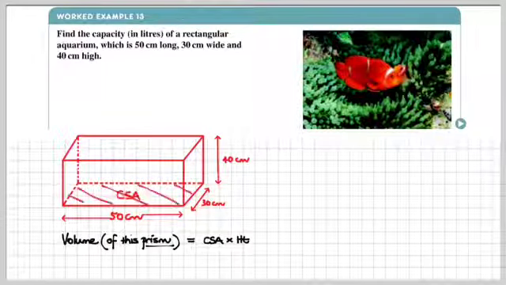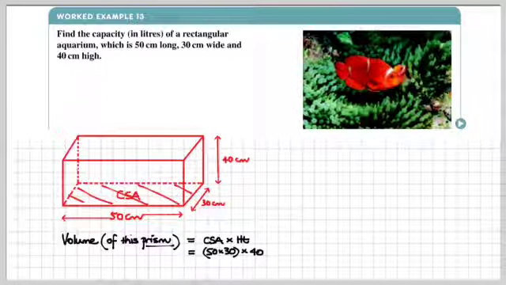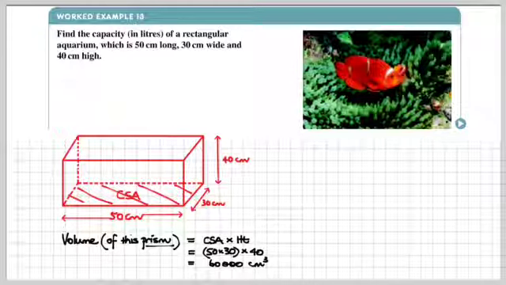Times the height. So what did I pick? I picked the base as the cross-sectional area, which would be 50 times 30, and I multiplied that by the perpendicular height from there, which is this 40. So that gets me 50 times 30 times 40, which is 60,000 cubic centimetres. Now, I've got to convert this into litres, a liquid measure.